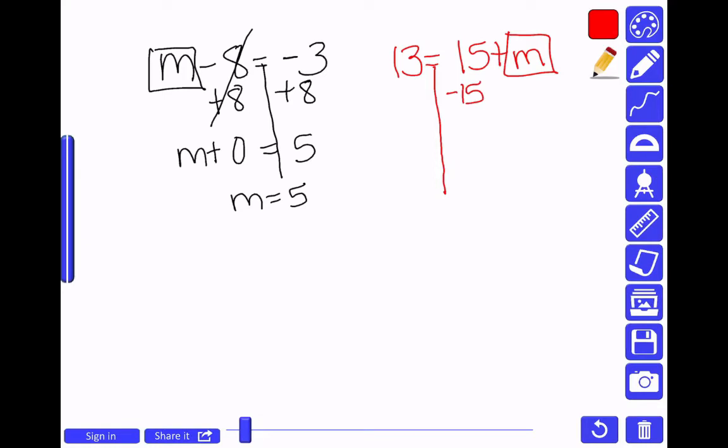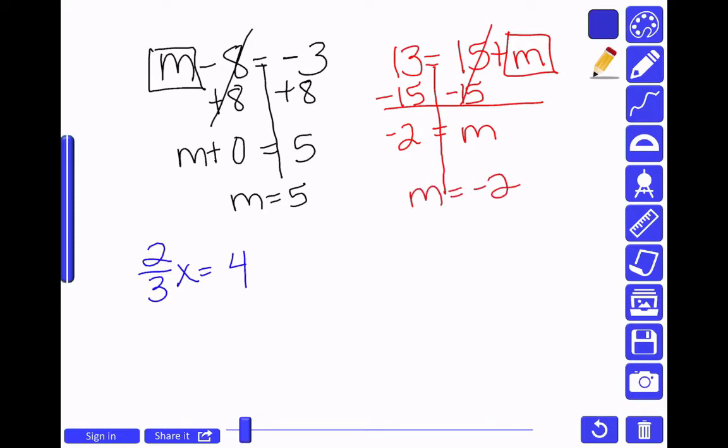Well, because I want that to be 0, and 15 minus 15 is 0. What I do on one side, I must do on the other. 13 minus 15 is negative 2. 15 minus 15 is 0. And then I'm left with a positive m, which is just 1m. So negative 2 equals m is the same as m equals negative 2.